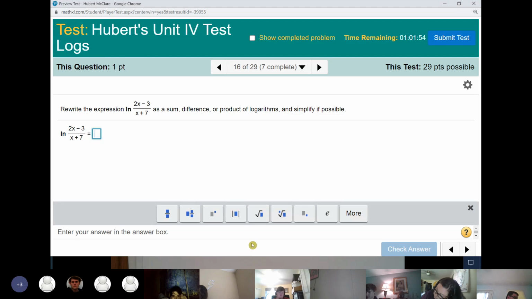Natural log of parentheses 2x minus 3 minus natural log parentheses x plus 7.